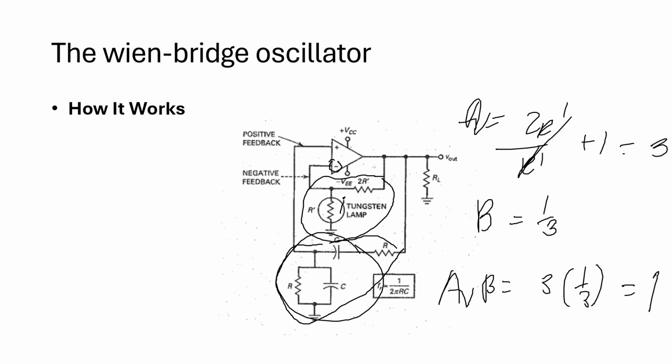So at portions when your resistance is not yet equivalent to R prime, so it is lower than R prime, you can see we have a voltage gain that is greater than 3. The moment that it reaches R prime, that only means that we have already reduced our AVB equivalent to 1, and this starts our oscillations.